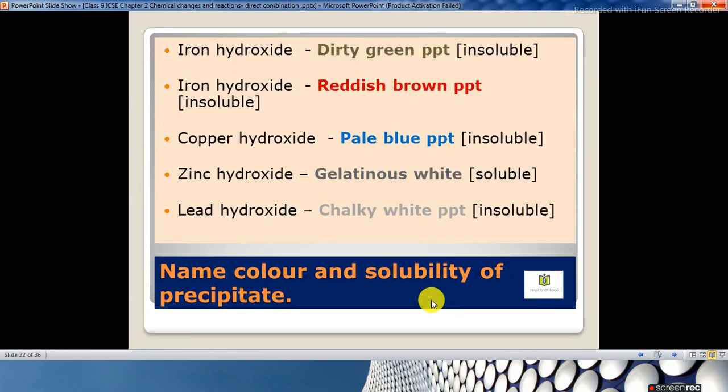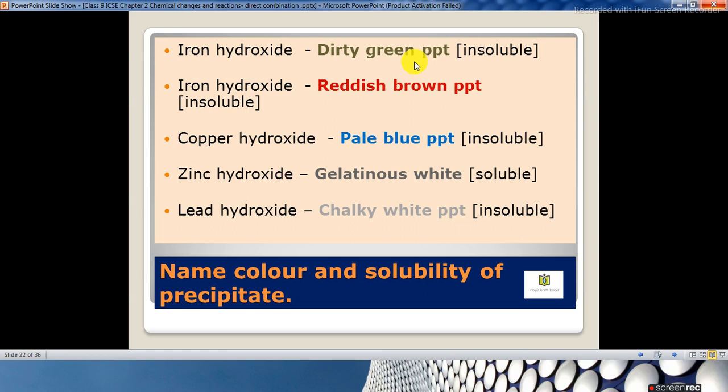Next, let us see the name, color and solubility of the precipitate. When these precipitates are formed, they have a specific color, and sometimes they are soluble and sometimes insoluble. When iron sulfate combines with sodium hydroxide, you get sodium sulfate and iron hydroxide, a dirty green precipitate which is insoluble.